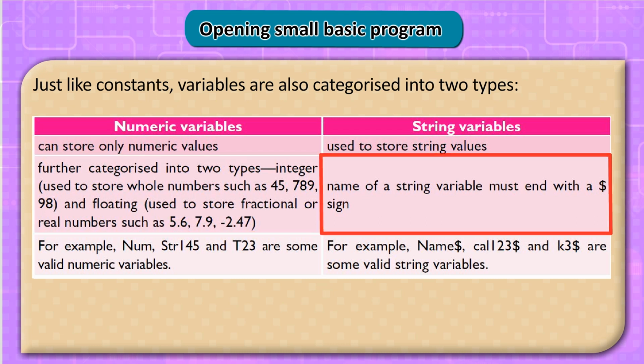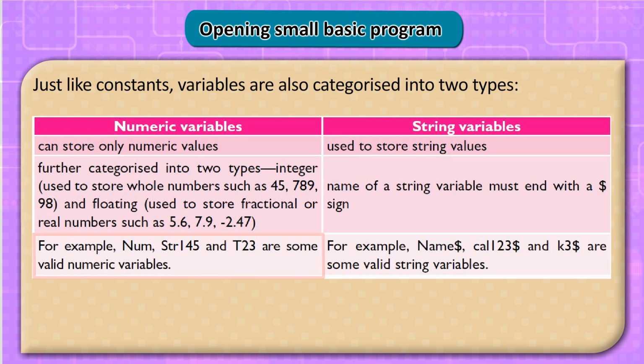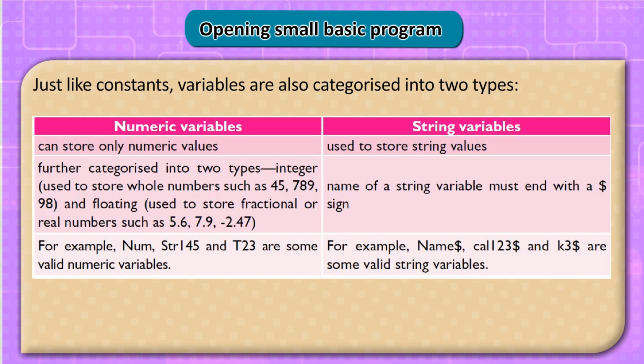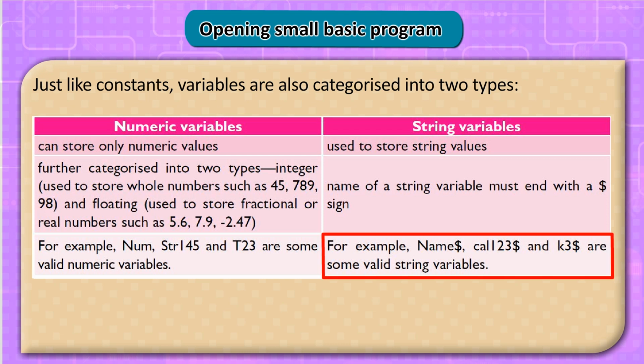The name of a string variable must end with a $ sign. For example, num, num1 and num2 are some valid numeric variables. For example, name$, str1$ and s3$ are some valid string variables.